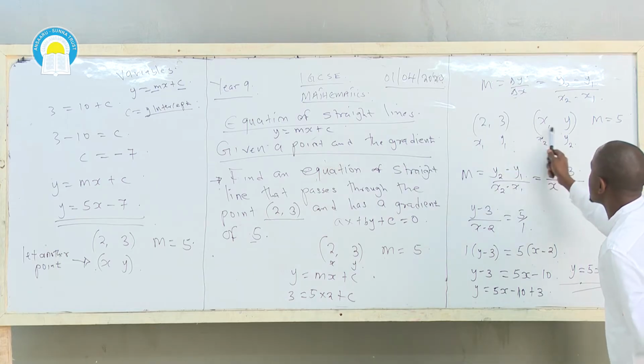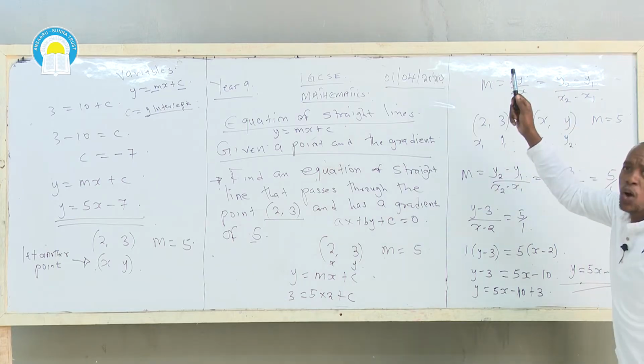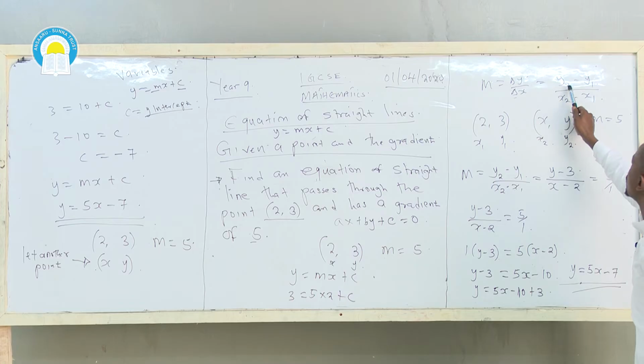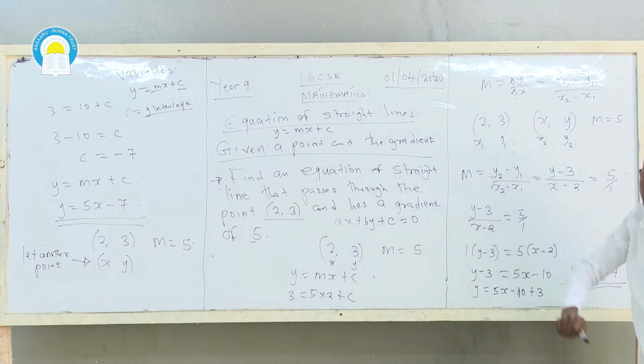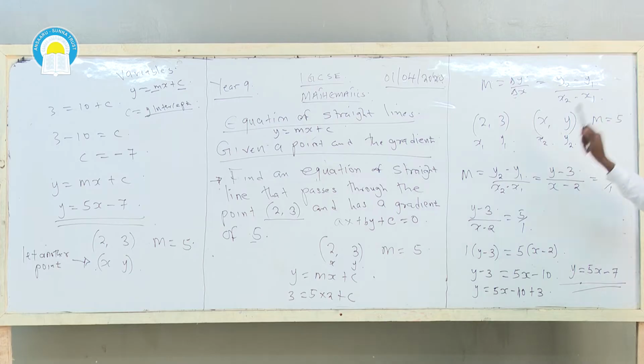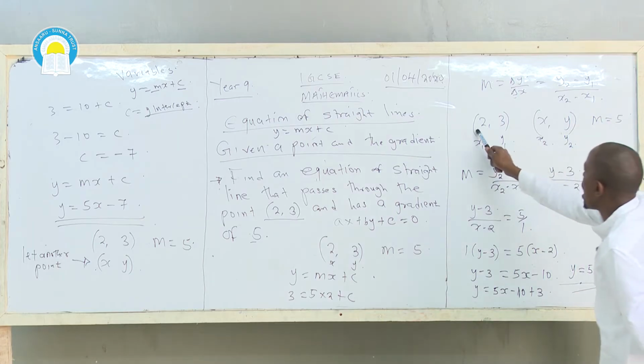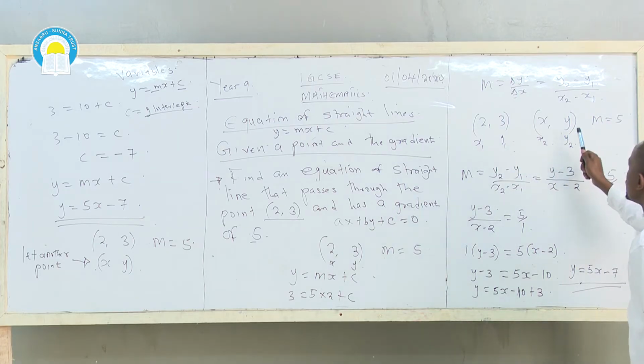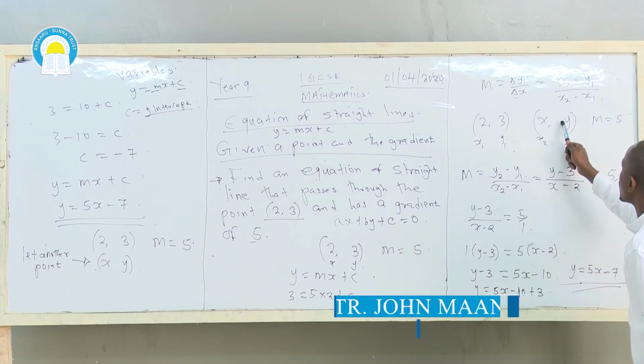Now, our 2 points are here. Change in the y coordinate is y2 minus y1. Change in the x coordinate is x2 minus x1. Now, we name our points. This one we have named as x2 and y2.